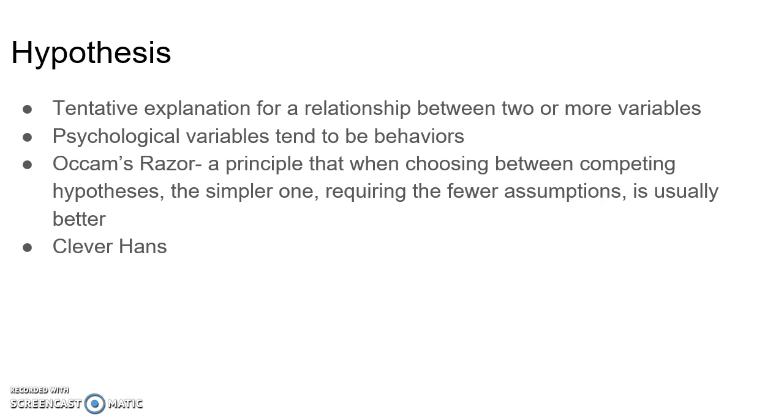So in this case, Occam's razor could be used to predict which answer, the simpler answer, was the better answer, being that the horse did not actually understand mathematics, but was actually being cued by its owner.